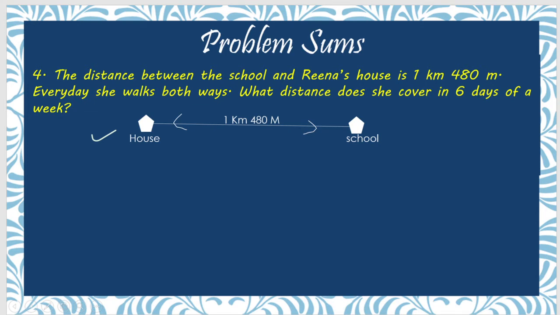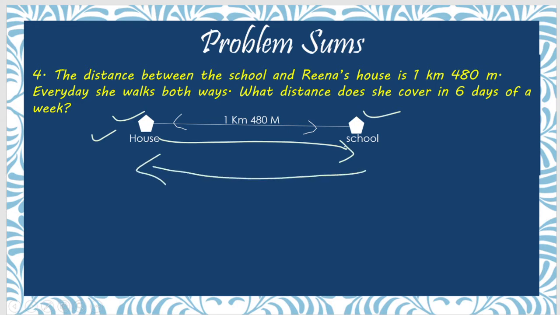So this is Reena's house and this is Reena's school, and the distance between them is 1 kilometer 480 meters, and every day she has to walk. She goes to school and stays there, and then she comes back. She has to walk both ways. The question is, what distance did she cover in 6 days? You have to tell how many kilometers she walked in 6 days.